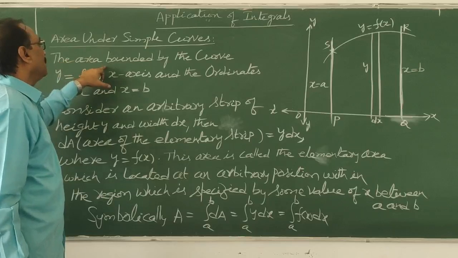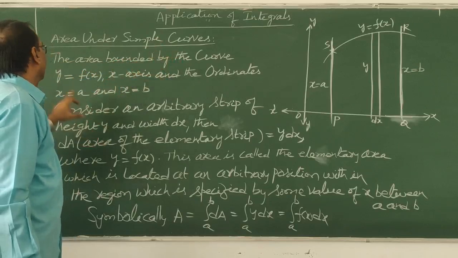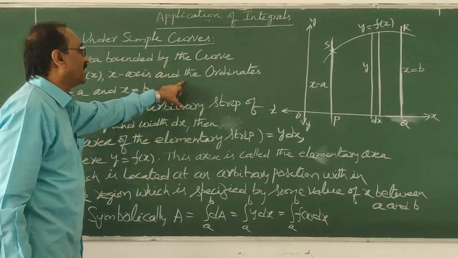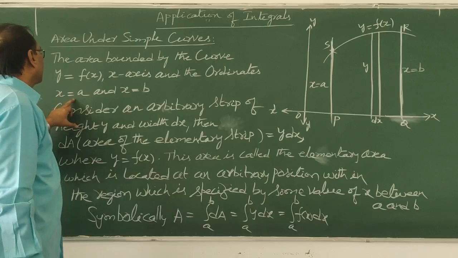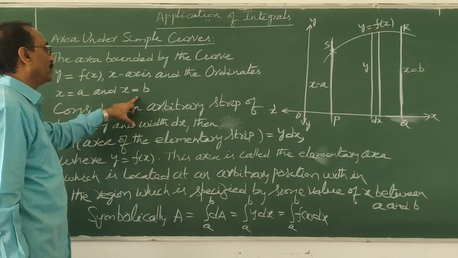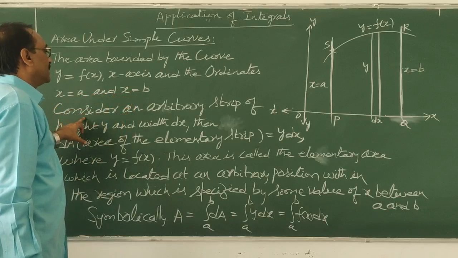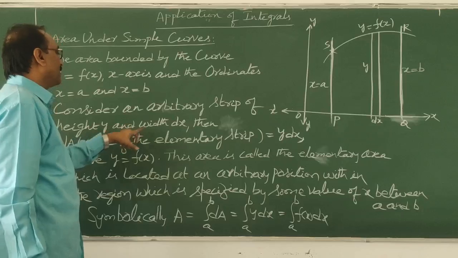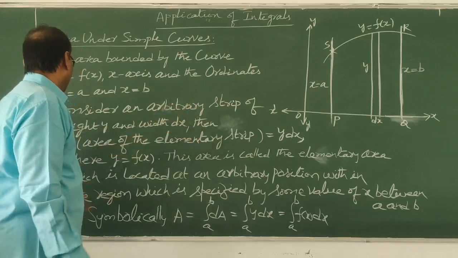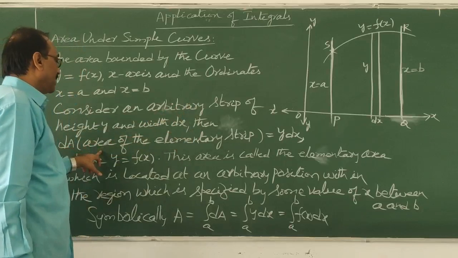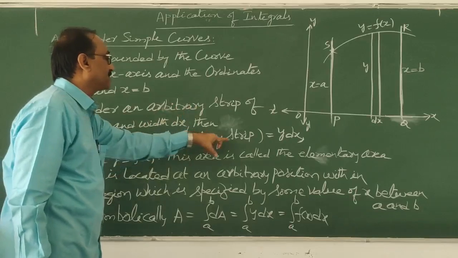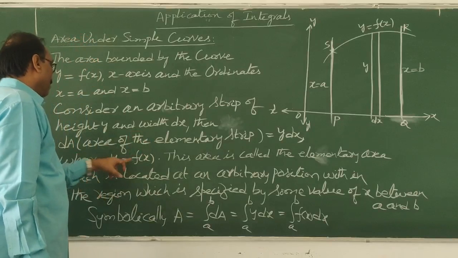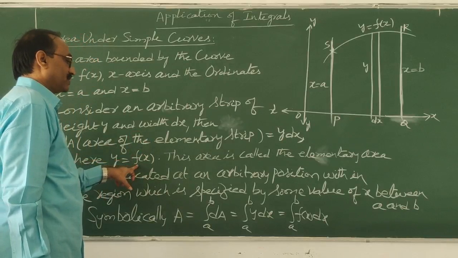So the area bounded by the curve y is equal to f of x, the x-axis, and the ordinates x is equal to a and x is equal to b. Consider an arbitrary strip of height y and width dx, then dA, what is dA? The area of the elementary strip is equal to y dx, where y is equal to f of x.